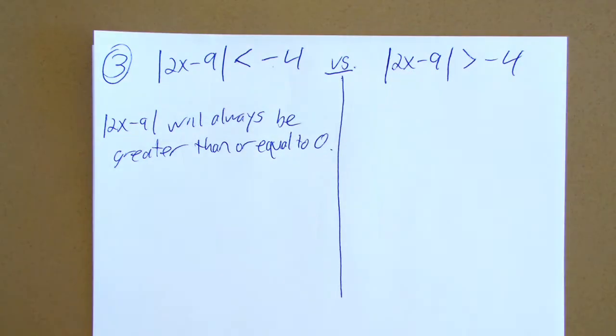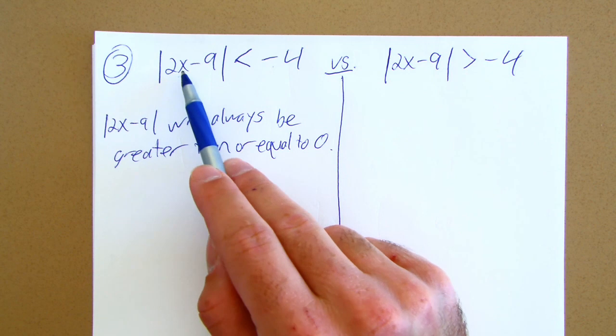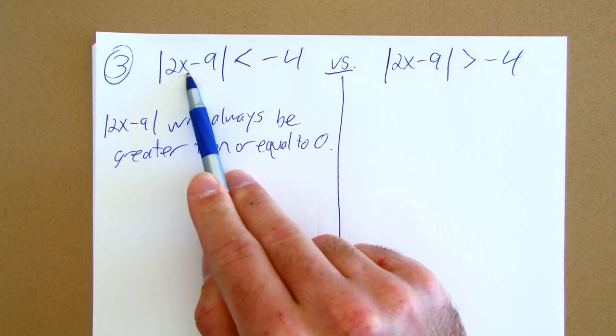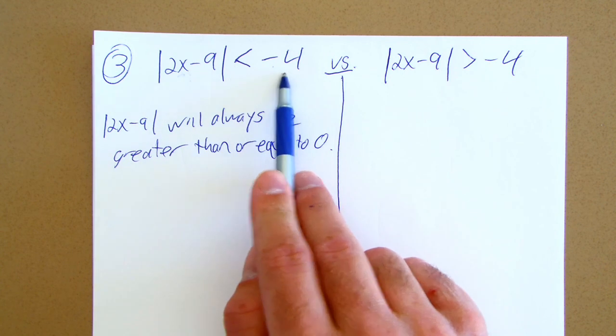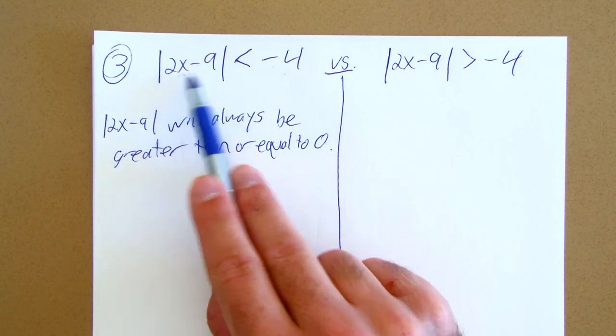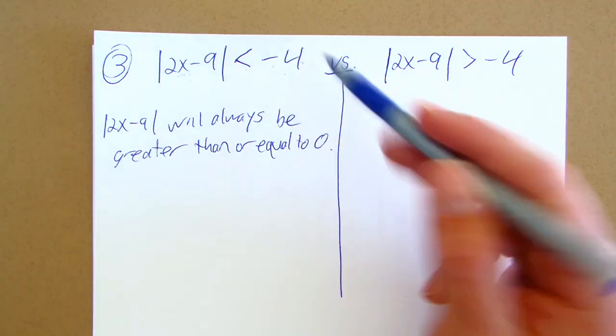Okay, so what I mean by that is whatever x value I put in here for x, the smallest I can make this is 0. Okay, 0 is greater than negative 4. Any other number, like if I get like negative 800 in here, absolute value makes it positive 800. It's never going to be less than negative 4.